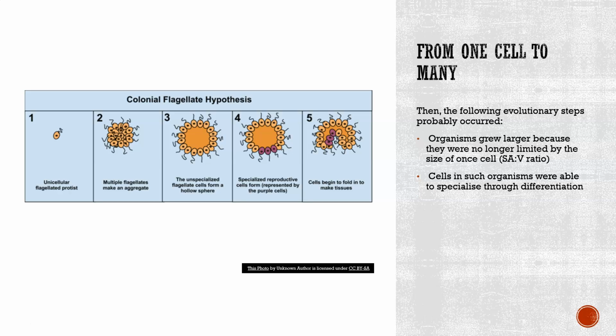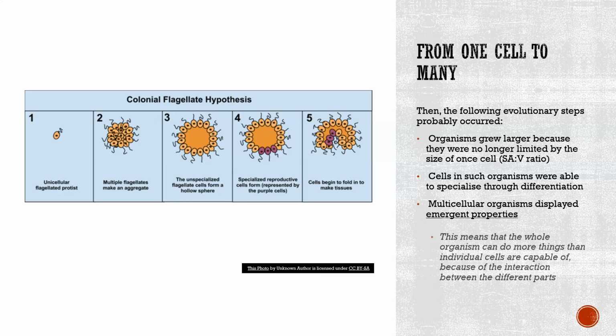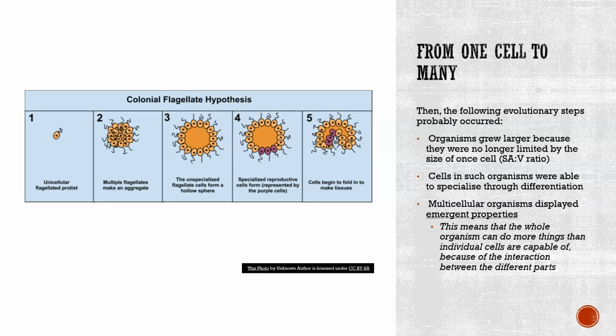The cells in such organisms were then able to specialize through differentiation, so adapt for their different roles. Multicellular organisms then displayed emergent properties, and we'll talk more about emergent properties shortly. But basically what it means is that the organism can do more things than the individual cell alone is capable of.